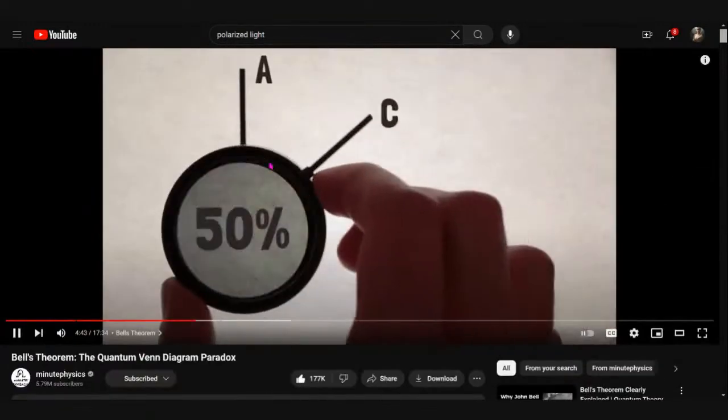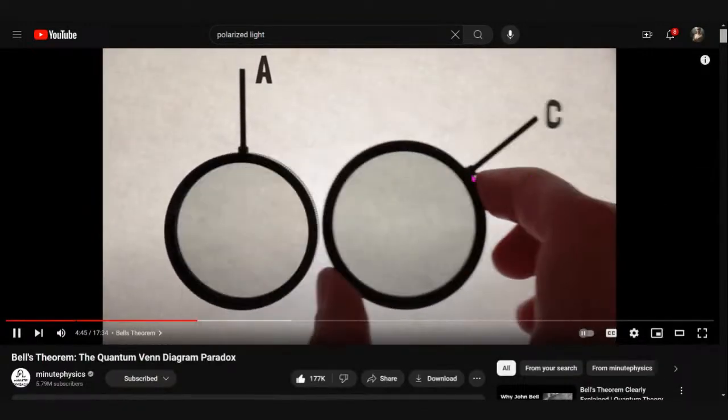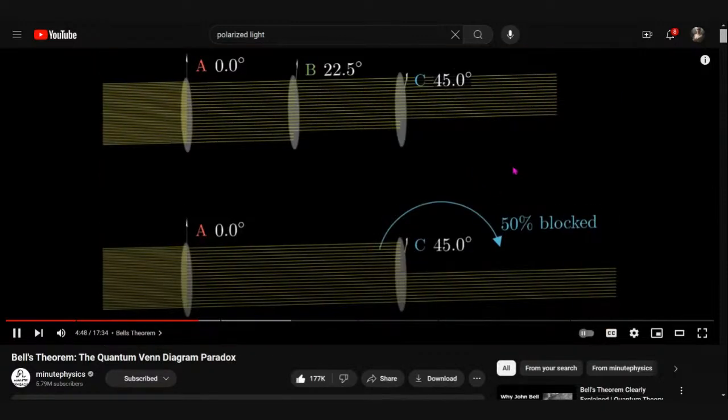That is, filter C makes the lamp look half as bright as it would with just filter A. So what he's saying is filter C takes the output of filter A and makes it 50%. That's fine.